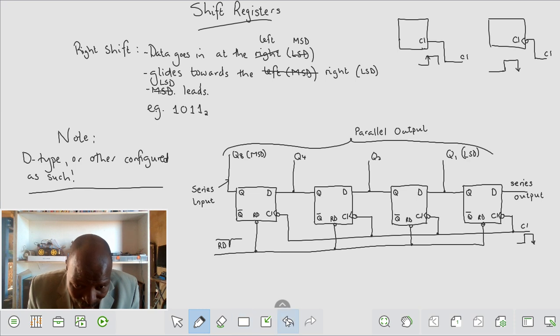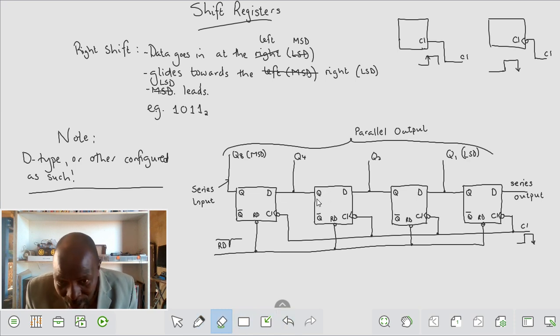But what's important now is that our data does not pass between two flip-flops from the right to the left anymore. Our data now moves in the other direction, so our data will not move this way. Our outputs will remain our outputs, no harm.